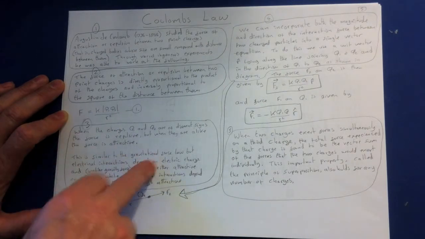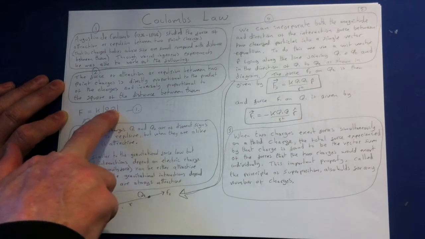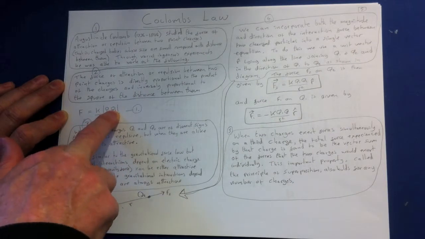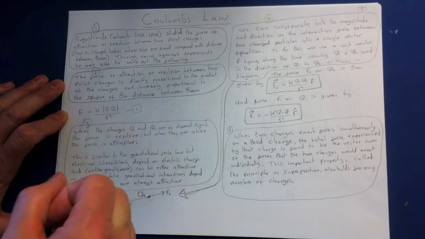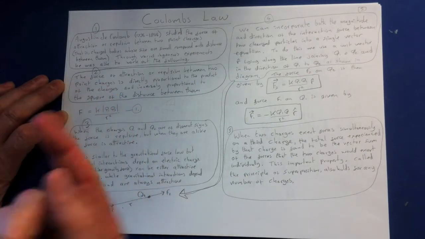So I'm going to read number 3. I might just repeat what I've just said, but I'll read it anyway. When the charges Q1 and Q2 are of different signs, the force is repulsive. Well, I didn't mention that. But when they are alike, the force is attractive. So that's important. If one of these charges is plus and the other one is minus, then obviously these forces are going to be inwards.